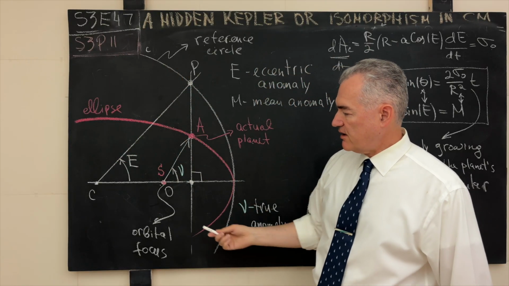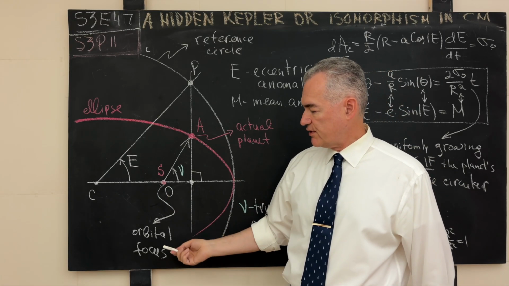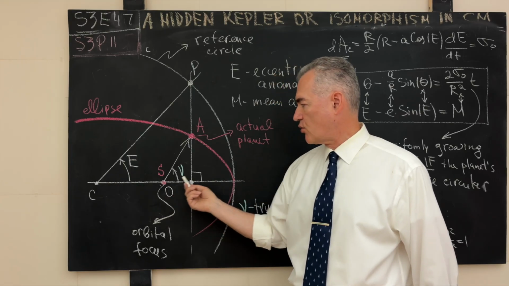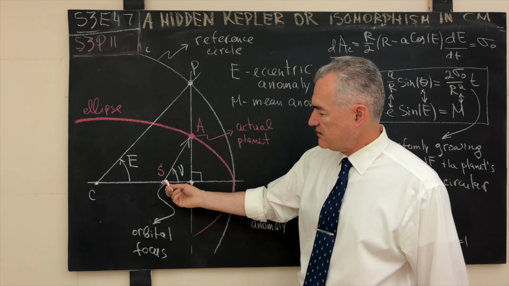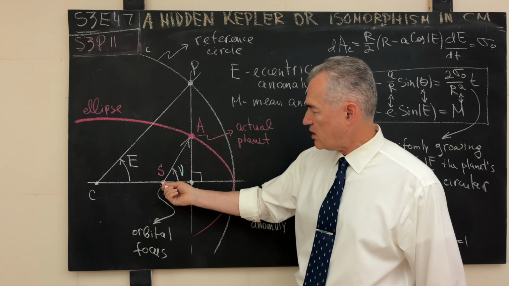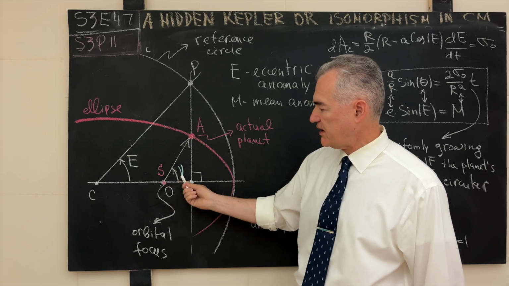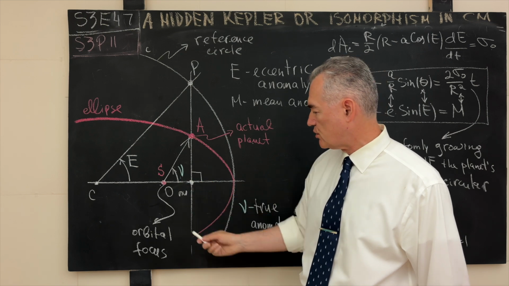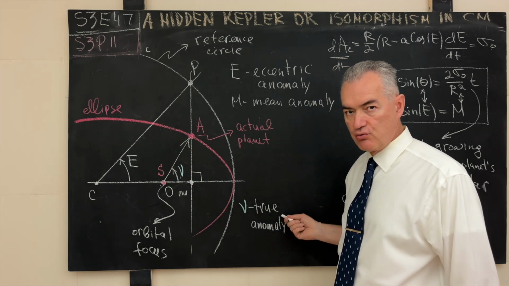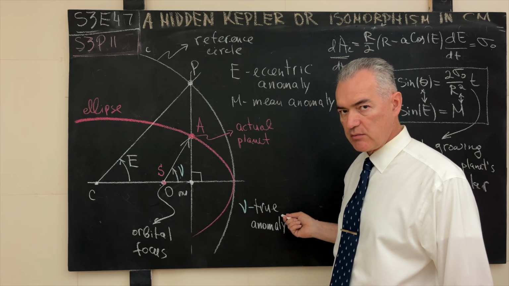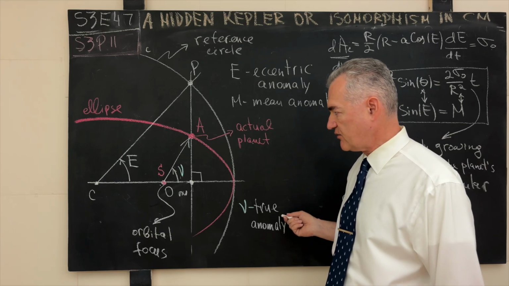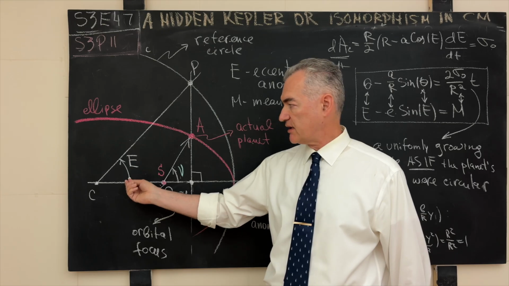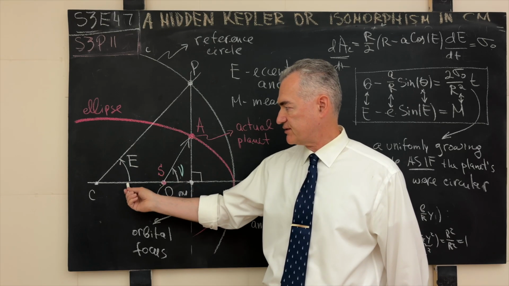And then again, the point O will be called the orbital focus, the angle between the straight line CO extended and the direction from the star to the planet. This angle right here is called nu, the Greek letter nu, and this is called true anomaly. And there is a way to connect true anomaly to the eccentric anomaly, E over here. This is the angle.